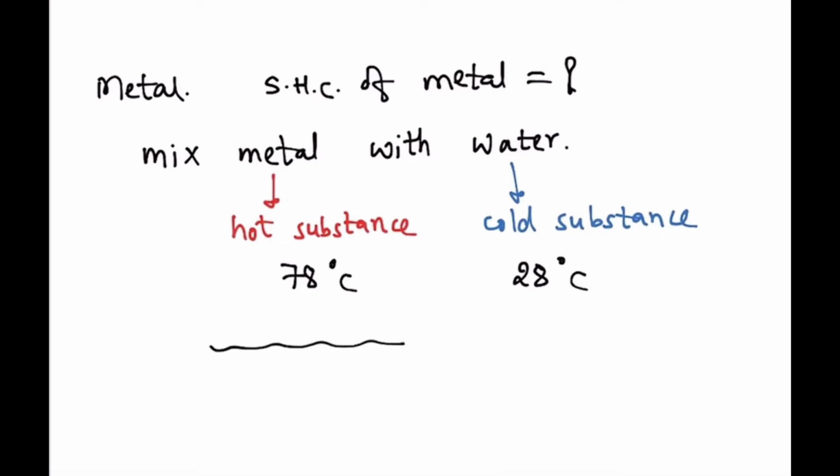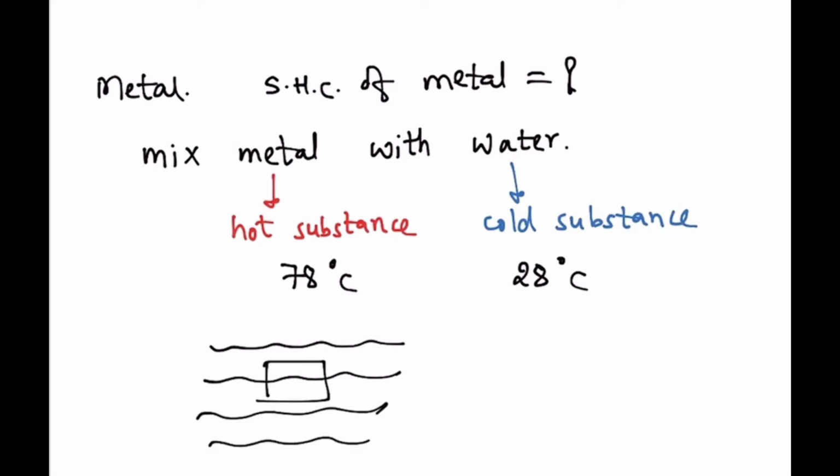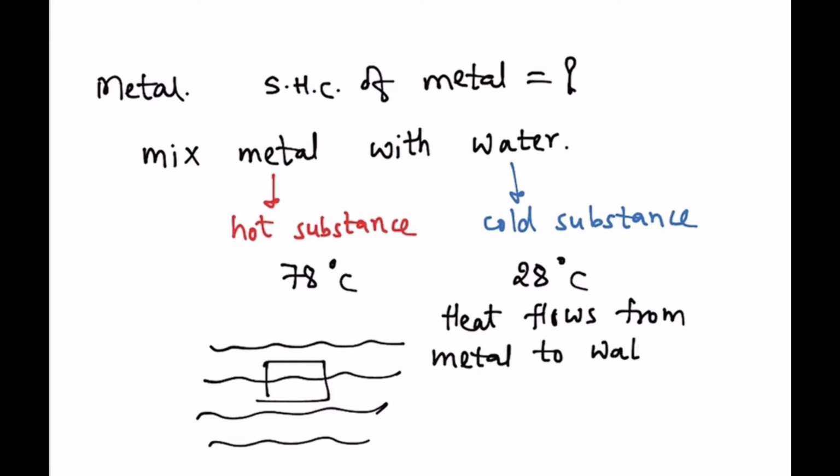So when I drop the metal in water, the metal is at high temperature, and water is at low temperature. Here a temperature difference is created because of which heat flows from metal to water.